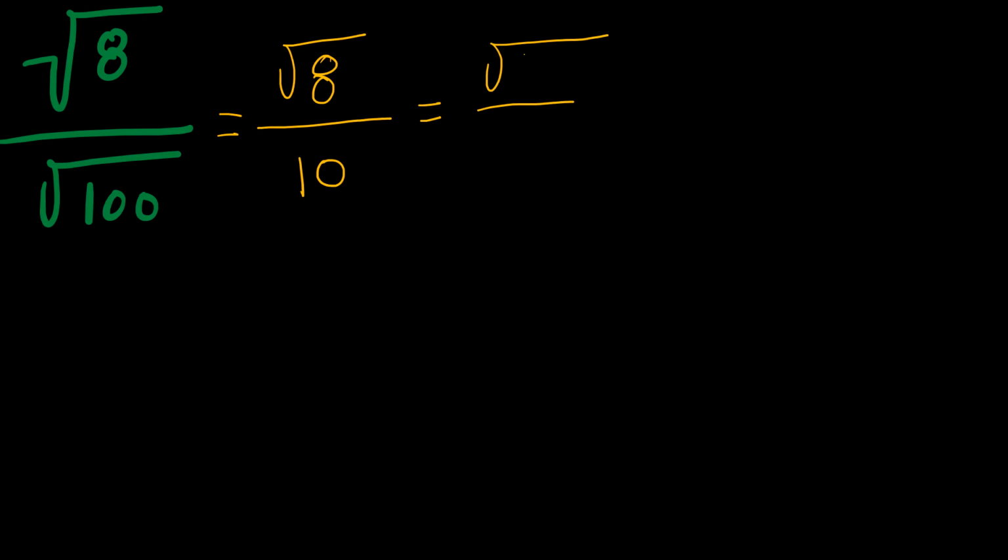Right, so in this case, the denominator is the square root of 100. And the square root of 100 is just 10. So I'm going to rewrite this as the square root of 8 over 10. Right, and I can rewrite the square root of 8 as the square root of 4 times 2. And we still have 10 on the bottom, of course.